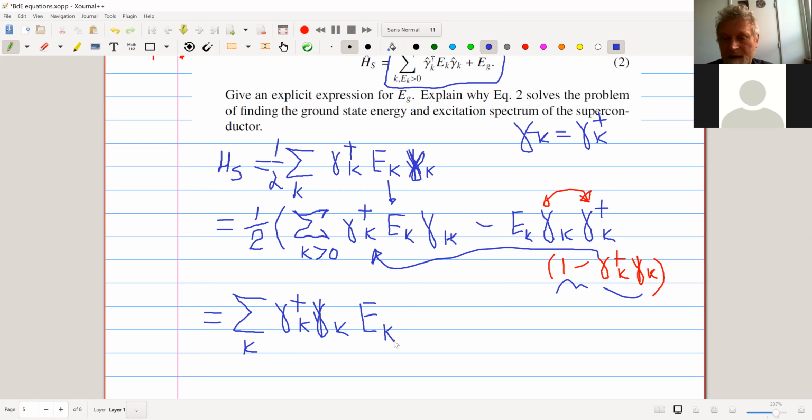Now we want to understand the rest coming from this point. What we find is the energy of the ground state. And what is this?